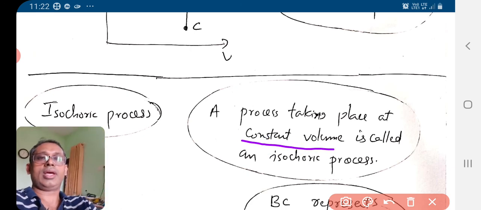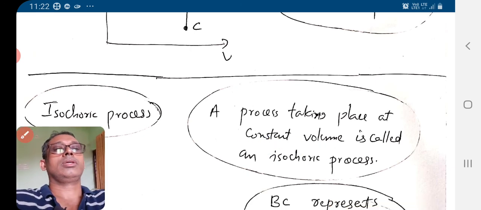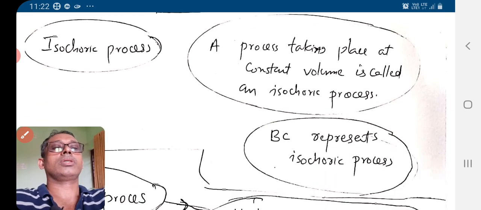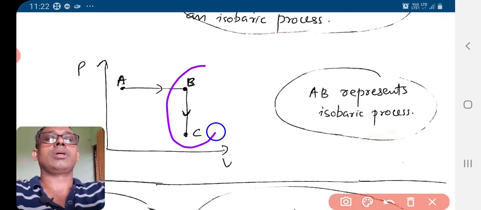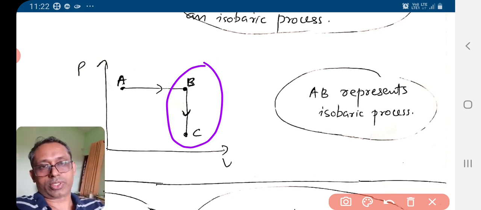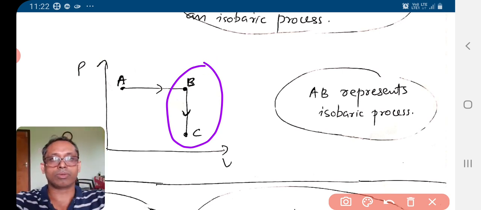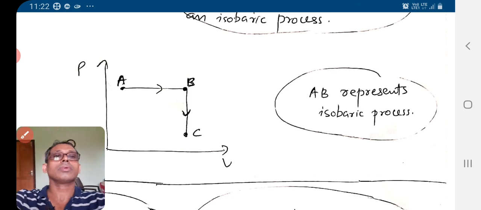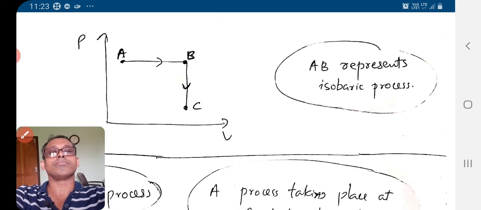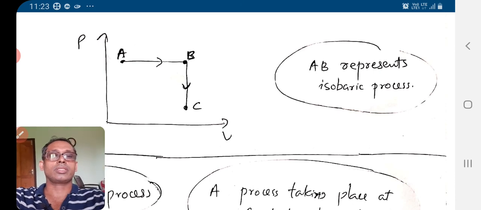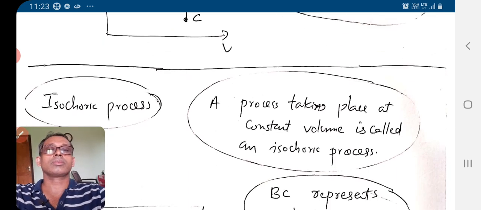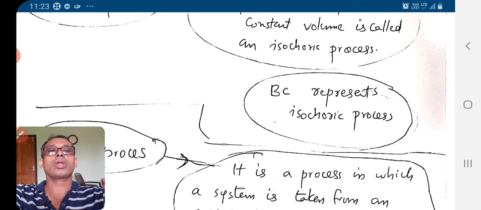Here BC represents the isochoric process. See, BC is parallel to the pressure axis and the volume is fixed.